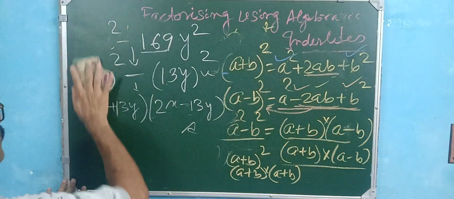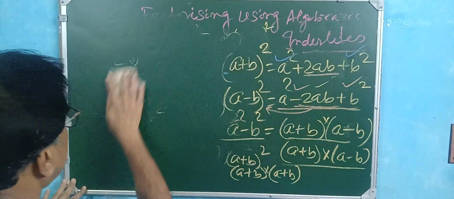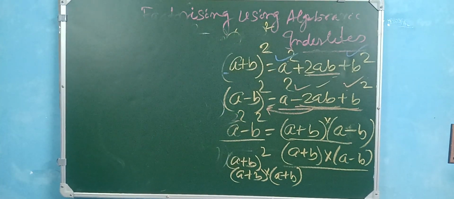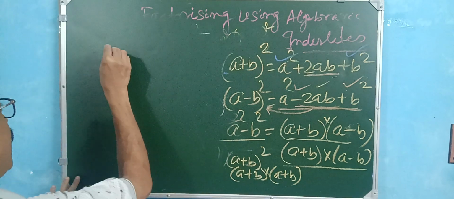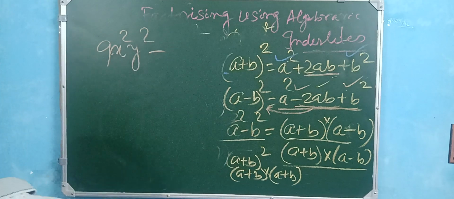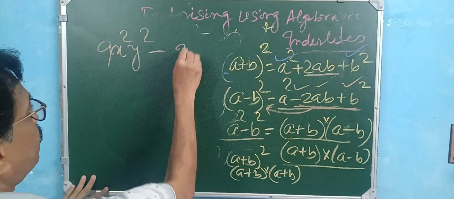Okay, now the next one, the last for today. Here is 9x square y square minus 25.